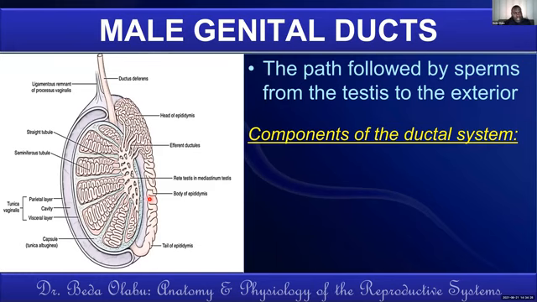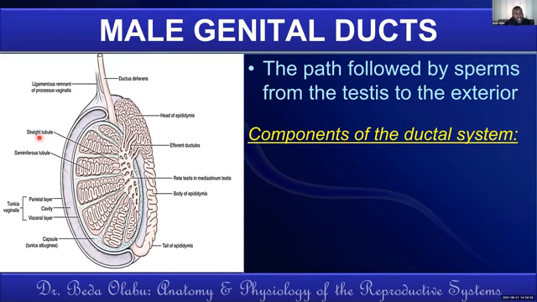Let's start here and try to follow the trajectory of sperms. So these are the seminiferous tubules of the testis, and that is indeed where the sperms are formed. From the seminiferous tubules of the testis, the sperms go to these segments where the tubules straighten out, and rightfully so, we call that the straight tubule.